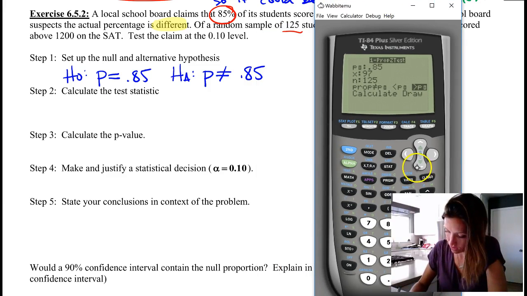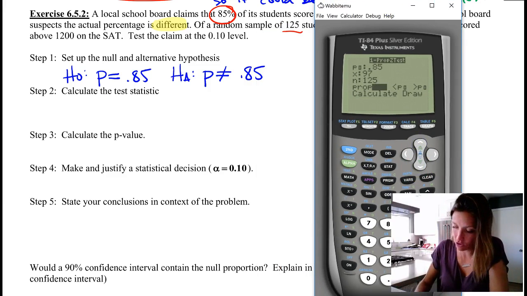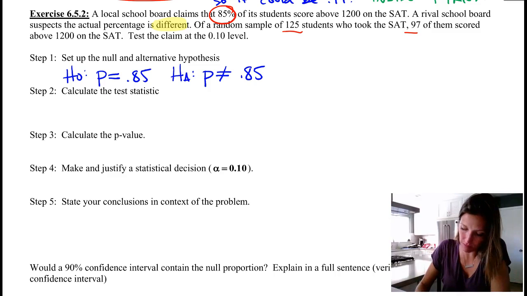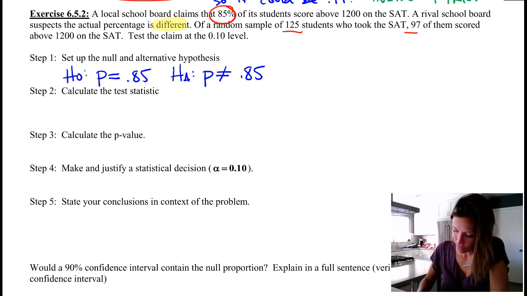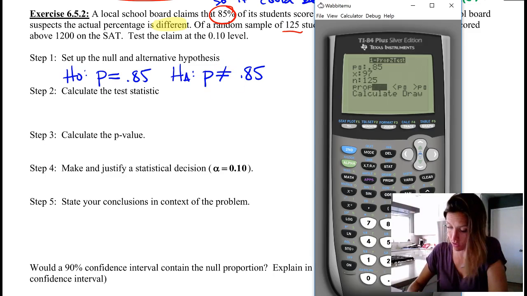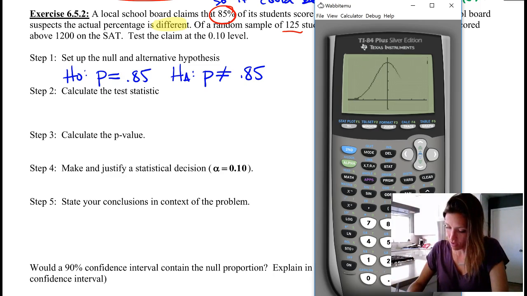And we are doing a two-tailed test. So remember, as soon as you have this two-tailed test, if you are somebody who's doing this by hand, you're putting your times 2 in the p-value spot so you don't make any mistakes. Those of us with a calculator, it's already going to do this for us. And this time, I'll go ahead and use the draw button. It's going to give me my next 2 steps anyways, but it will allow me to visually see what's going on. So we draw this.